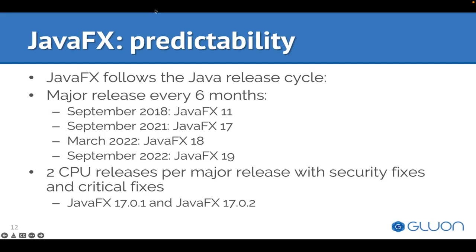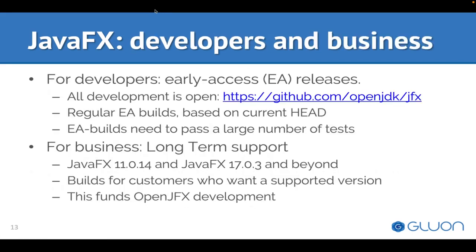And apart from those 2 major releases every year, we provide 2 CPU releases for every major release, and those contain security fixes and a limited number of critical fixes that we backport to those CPU releases. Very occasionally, it happens that there are no security fixes, and then we may skip one of those CPU releases. But for example, JavaFX 17.0.1 has been released, and JavaFX 17.0.2 has been released recently as well, and they are freely available.